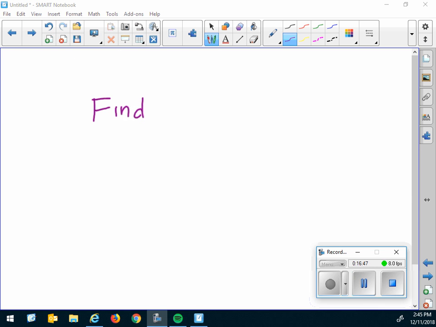But on the next line, I want you to write this, find, and this looks funny. That's F with a little open circle. Put it raised up. Don't make it like where a decimal is. Raise it up. It's exactly like a degree symbol. And G of F and the domain.